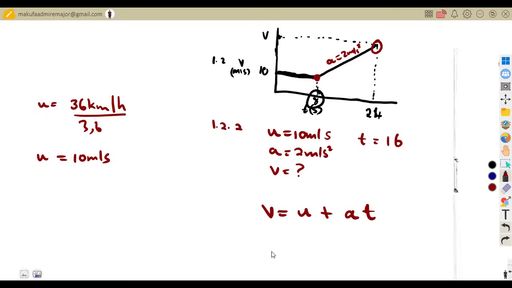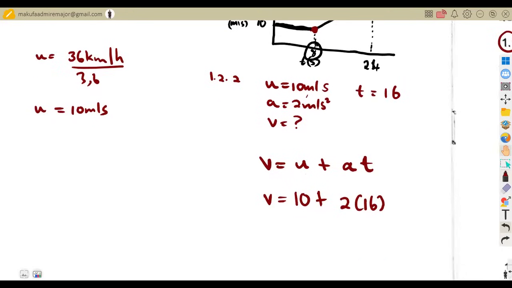So we can substitute: V is equal to U, the initial velocity 10, plus the acceleration, which is 2, times the time taken. So this is going to give us the final velocity. This is going to be 42 meters per second. That is 32 here plus 10. That is 42 meters per second at the end.